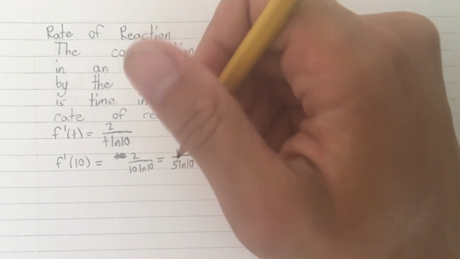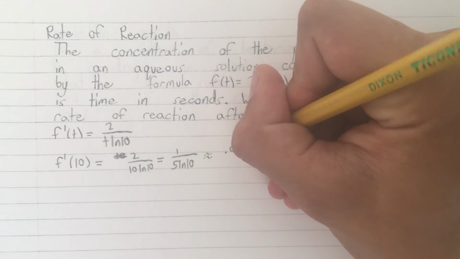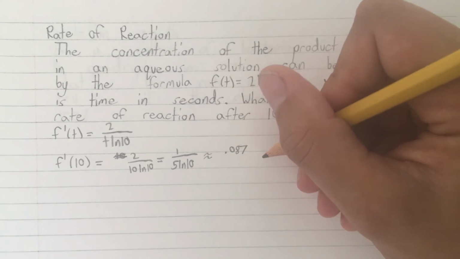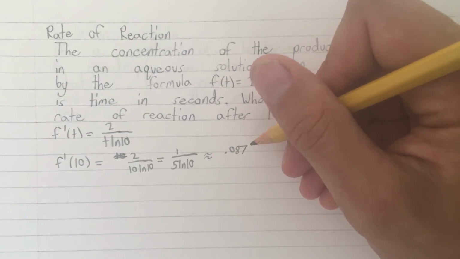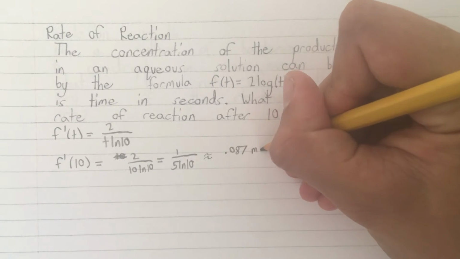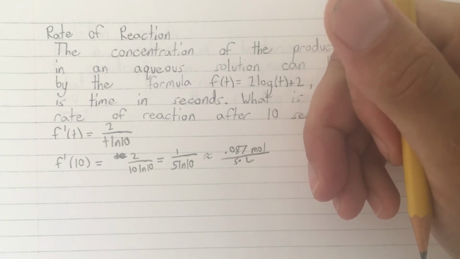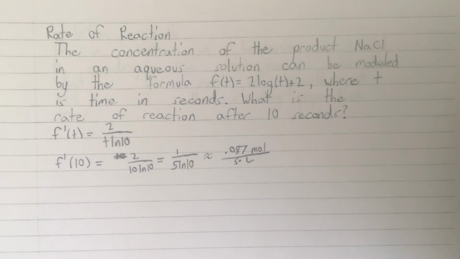And if we plug that into a calculator, we get that is roughly equal to 0.087. And the units for that are going to be concentration over time, right? And so molarity, so moles per liter, all divided by time. And so that's pretty much all you need to do to find the instantaneous rate of reaction.